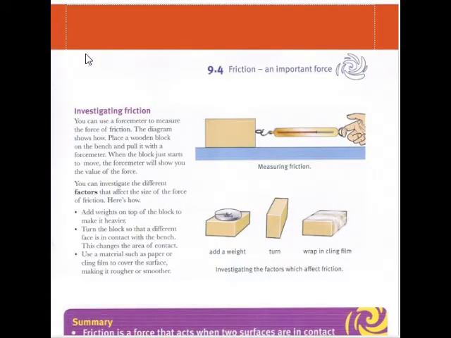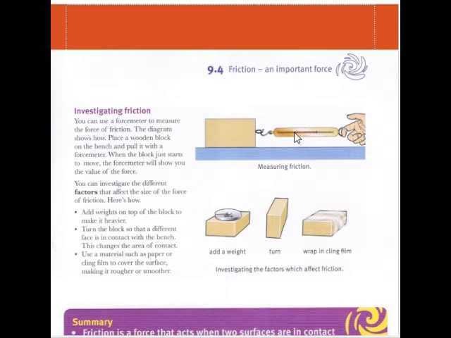Then, how do we investigate friction, students? You can use a force meter to measure the force of friction. How? Place a wooden block like this on the bench and then pull it with the force meter like this, students. When the block just starts to move, the force meter will show you the value of the force. Okay, students?